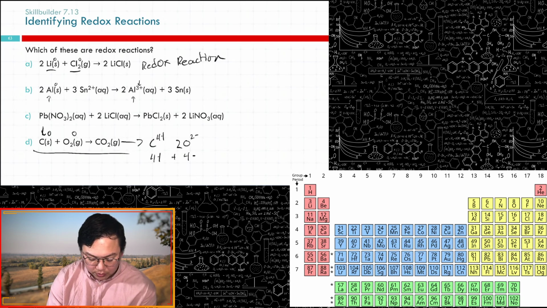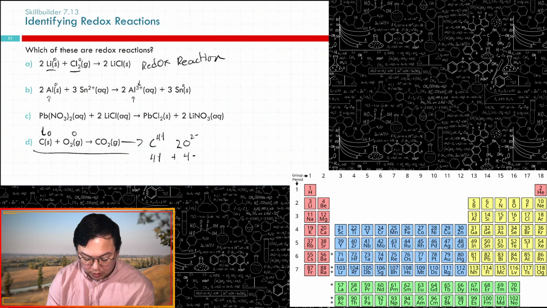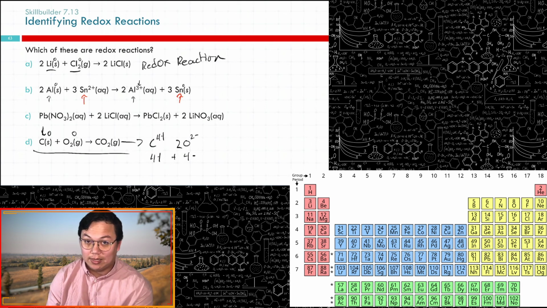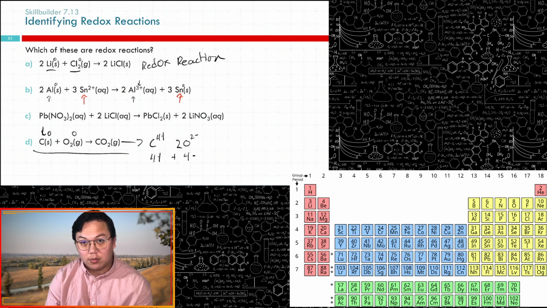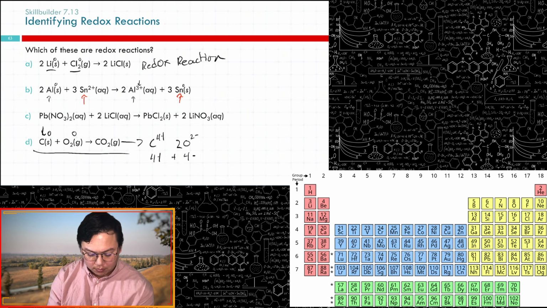And then we have tin, which goes from 2+ to 0 charge. So tin goes from +2 to 0, so it's gaining electrons, because every electron has a 1- charge, and to cancel out that 2+, we add 2 electrons. Because we have an exchange of electrons going on, that's a redox.